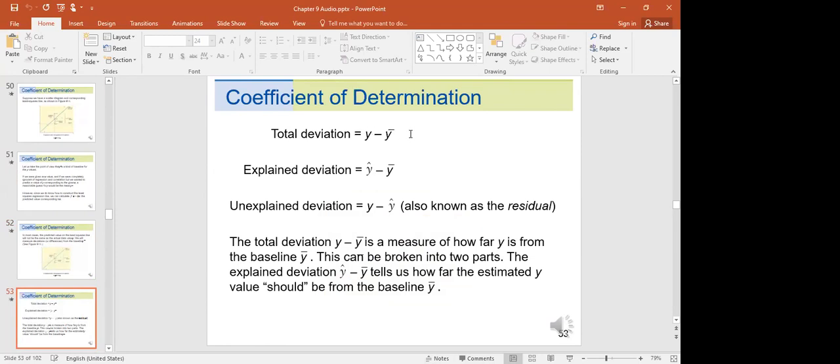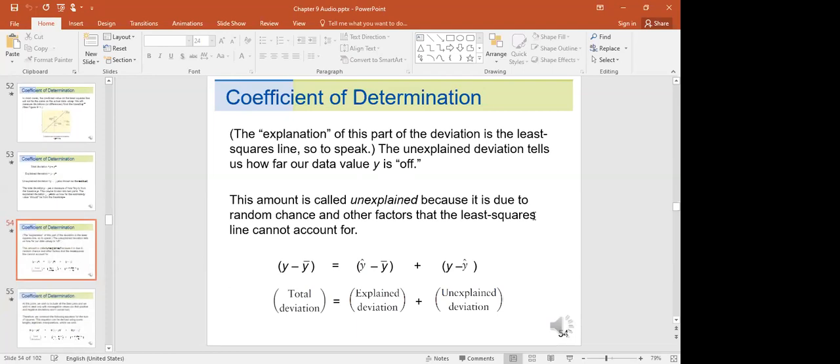That difference is called the total variation. The difference between the estimated value using the regression line and the sample mean is called the explained variation. And the difference between the actual y value and the predicted value y hat is called the residual.